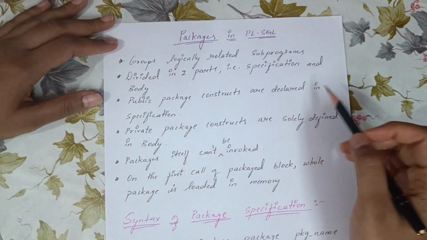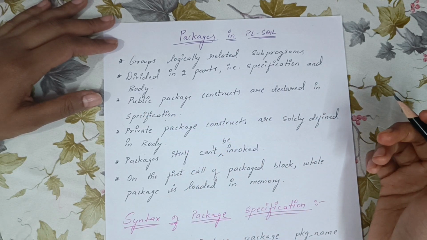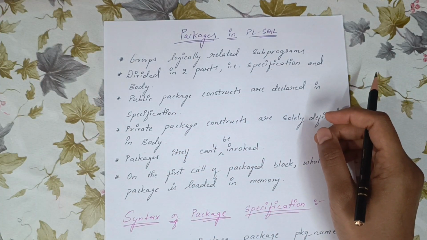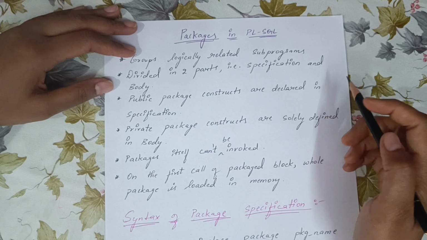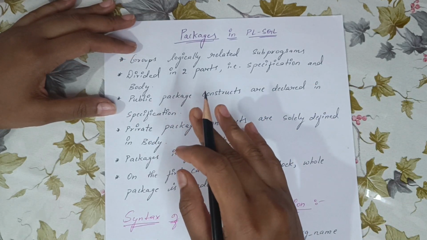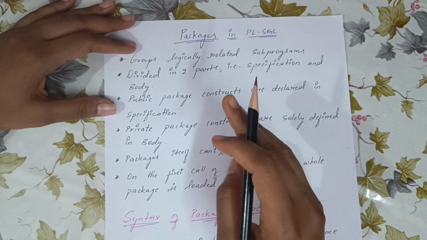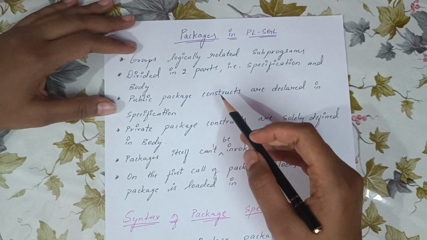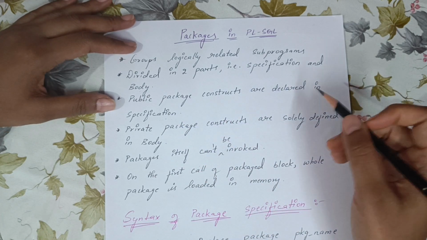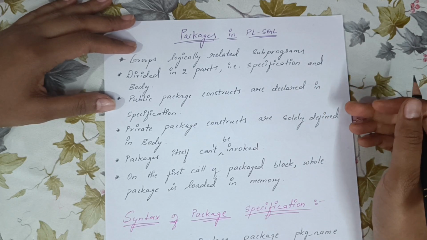Public package constructs are declared in the specification. So what do you mean by public? You might have studied in Java, right? Public means whatever functions or procedures are written in the specification will be accessible by all the members.